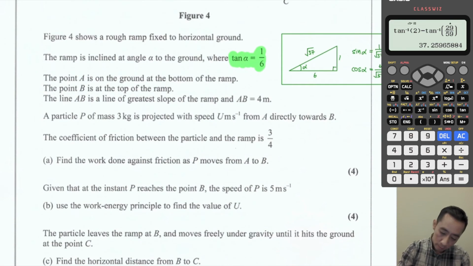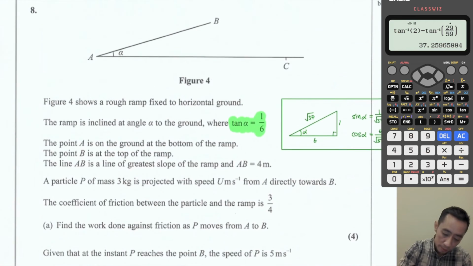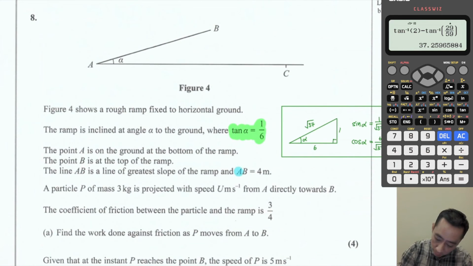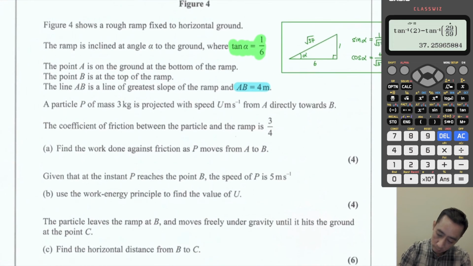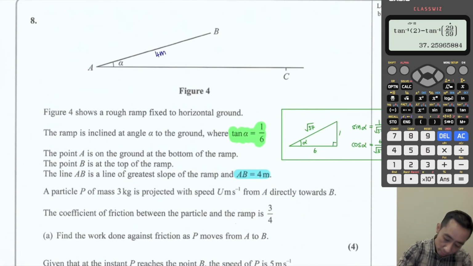Okay, now point A on the ground, bottom, and B on the top. AB is the line of greatest slope, and the length AB is 4 meters. Okay, the particle P of mass 3 kg. So we have the particle at this point A here.